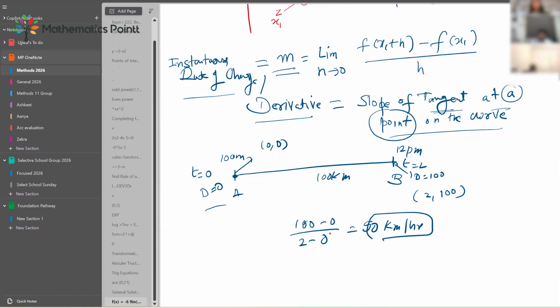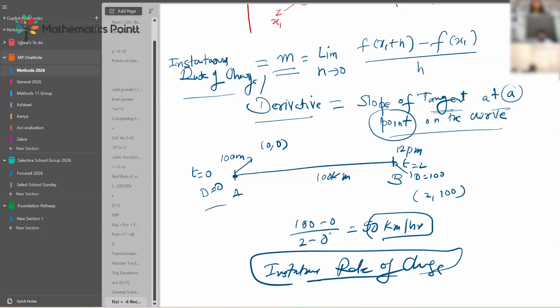So if I'm on a highway and it's 80 kilometers an hour, and I just looked at my speedometer and it says 78, at that instant, it gave you the derivative, 78 kilometers an hour. So that is the real life example of the instantaneous rate of change, which is your speedometer.